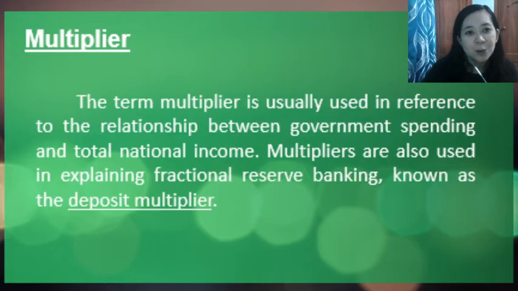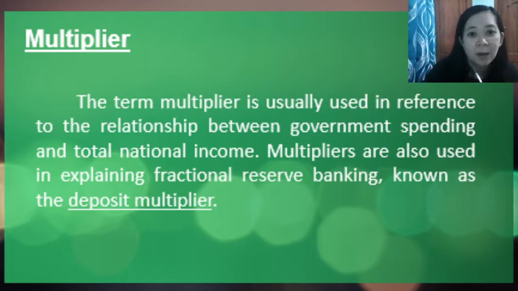The term multiplier is usually used in reference to the relationship between government spending and the total national income. Multipliers are also used in explaining fractional reserve banking, known as the deposit multiplier.